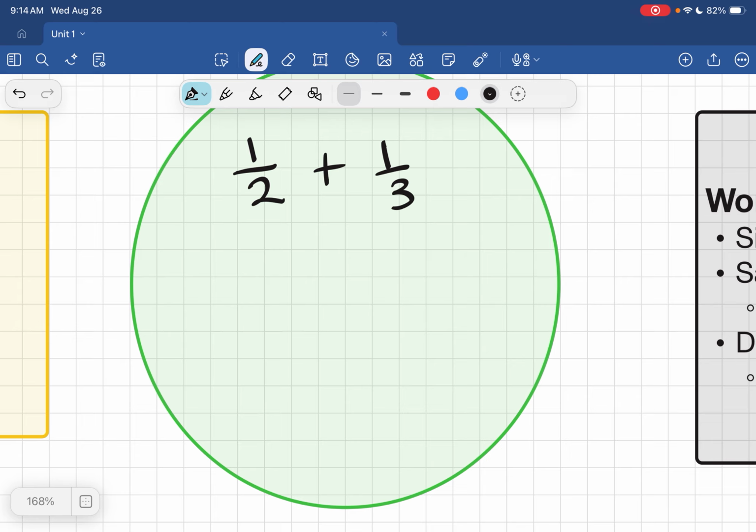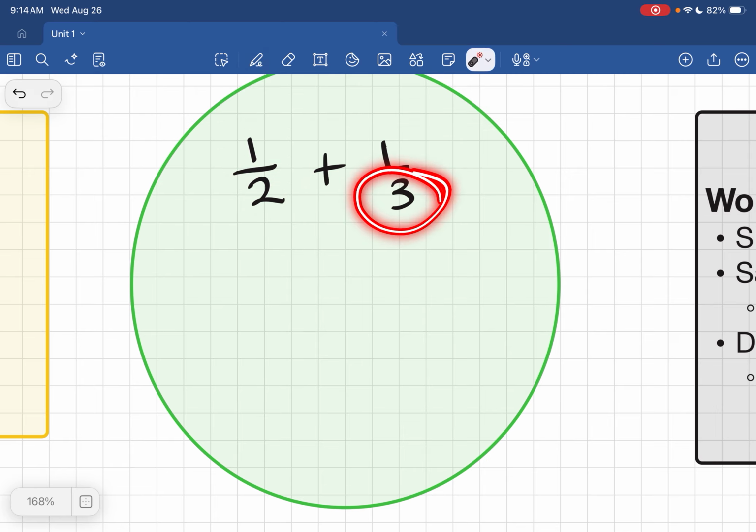What if the denominators aren't the same? We can't simply add the numerators because we're working with different size pieces. Before we can add these fractions, we need a common denominator.